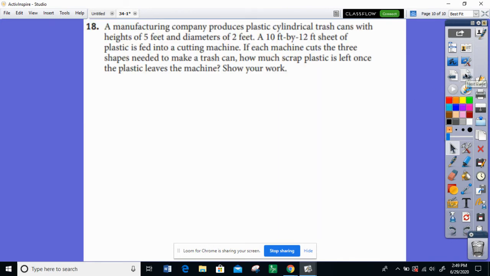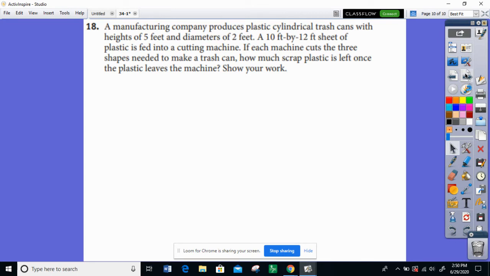All right, lastly, we're going to solve number 18. A manufacturing company produces plastic cylindrical trash cans with heights of 5 feet and diameters of 2 feet. A 10 feet by 12 feet sheet of plastic is fed into a cutting machine. If each machine cuts the 3 shapes needed to make a trash can, how much scrap plastic is left once the plastic leaves the machine?